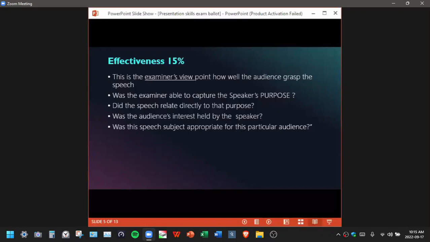So in here, examiners will consider the effectiveness.